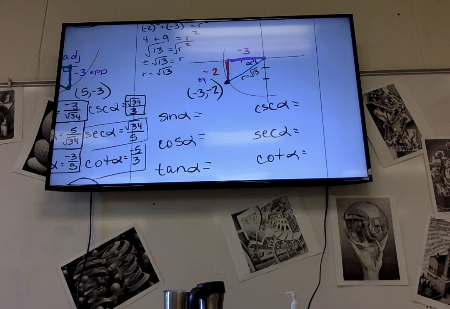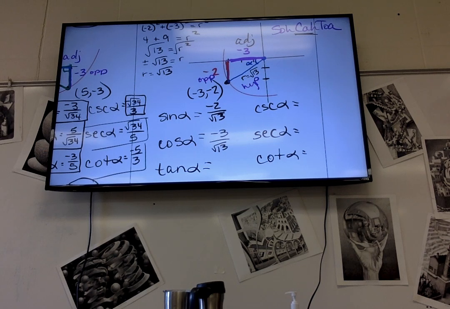So we have opposite over hypotenuse for sine. So opposite's negative 2, hypotenuse square root of 13. Good about that? All right, Antonio, what about the cosine of alpha? Negative 3 over square root of 13. Yep.